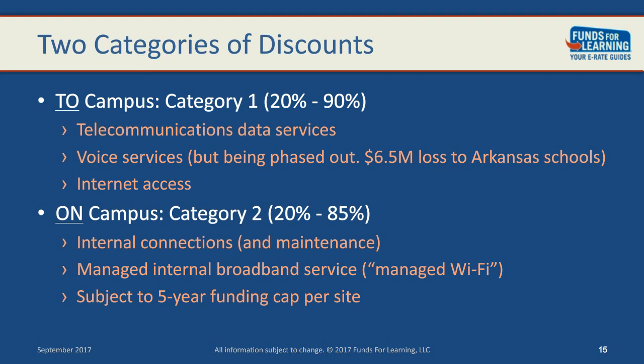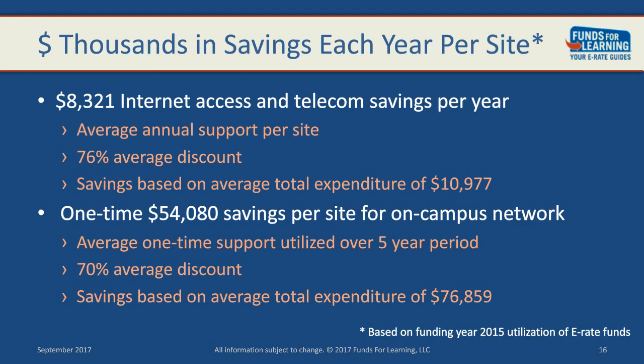So what does this look like for a typical school site or library facility? Well, we ran the numbers for 2015, which is the last year that we've got a complete set of books that have been closed. And this is what we found. First of all, for internet access and telecommunication services, the average site nationwide received about $8,300 in discounts via the E-rate program.